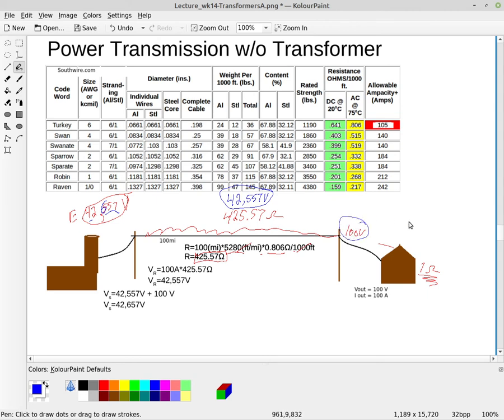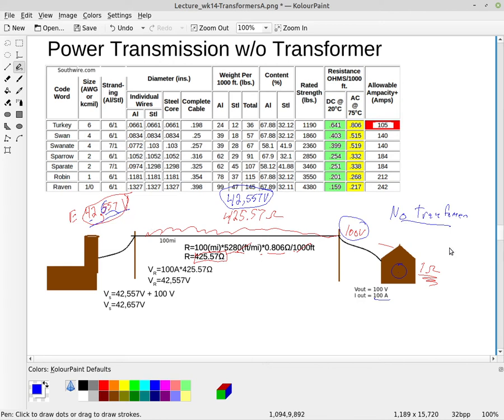Now, this example is with no transformer. This is just straight voltage. The electric company, just to feed my house 100 amps, is going to have to generate over 42,000 volts.